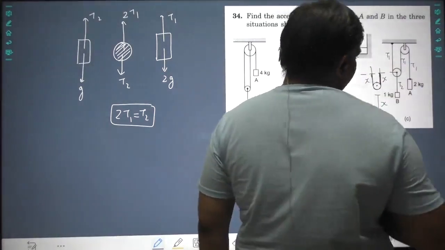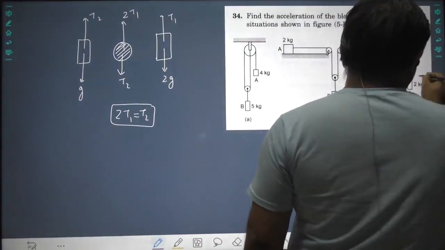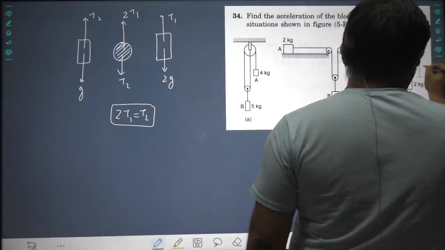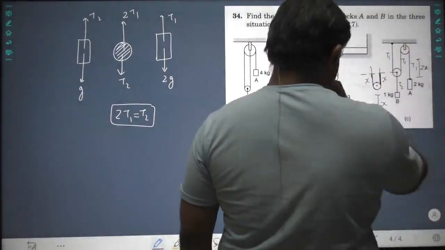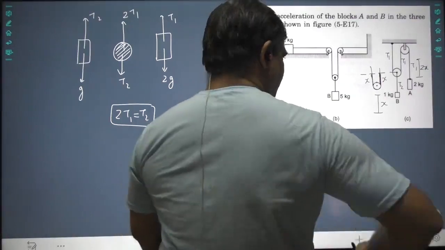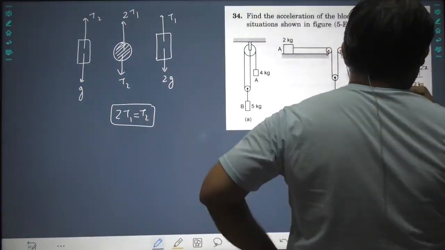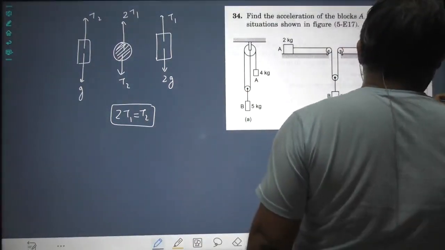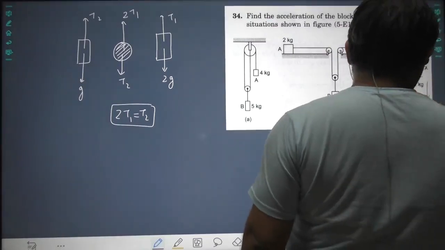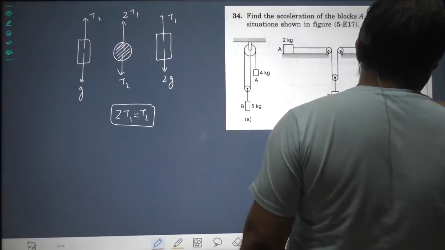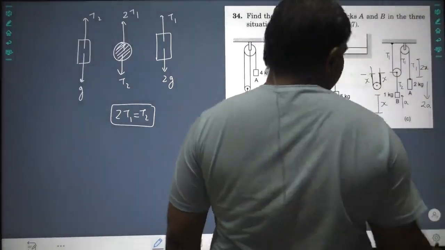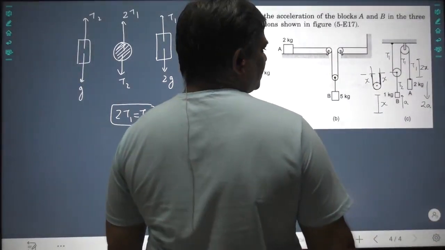So this will move up 2x units. Now, you can say that if this has acceleration a upward, then this will have acceleration 2a downward.